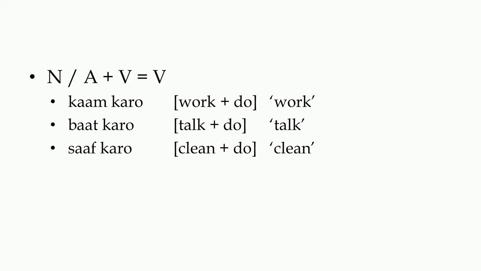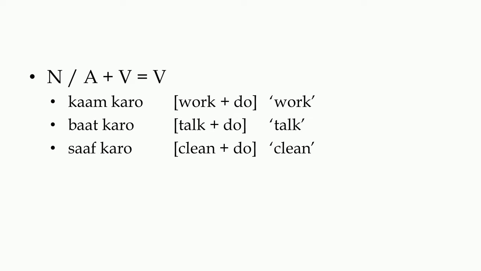Now, having said that both the elements are verbs, it's important to pay attention to them. But let's move and look at the second type, and then we come back to this type once again. The second type of compound verbs are a type where the first element is either a noun or an adjective, and then the second part is a verb, and together they make one single verb.